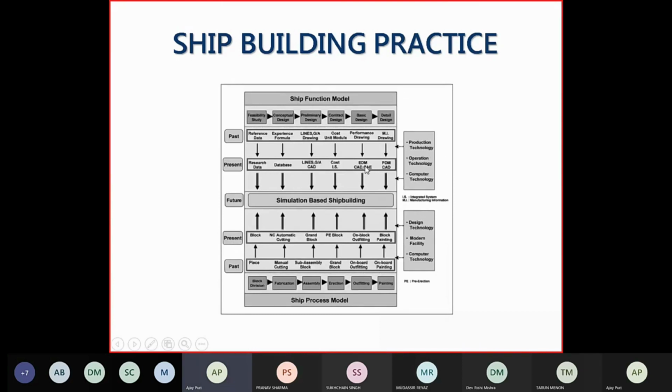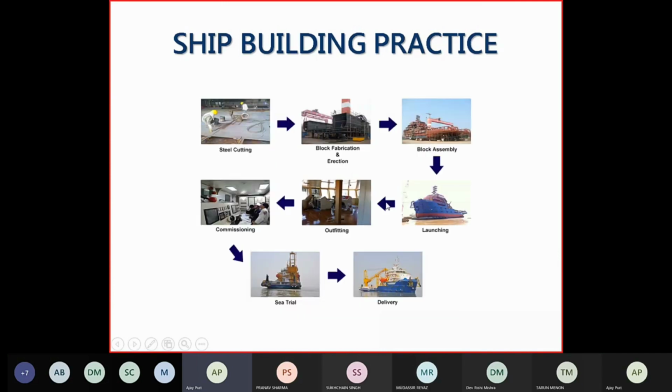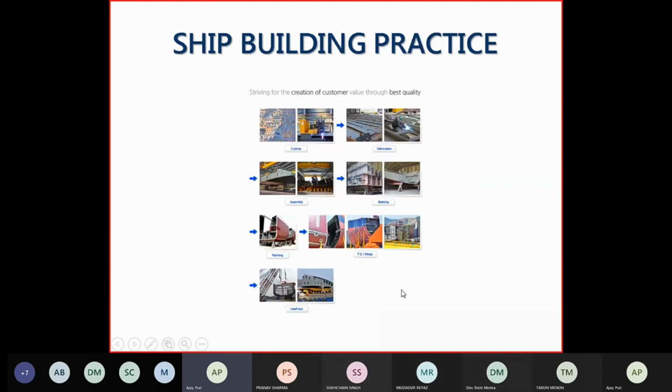Now basically this process is nowadays the future is simulation based, or presently you have your research data, database, lines plan, and CAD CAM and all. The future will be simulation based. So here you have steel cutting, block fabrication, and block assembly, launching, outfitting, commissioning, sea trial, and delivery.